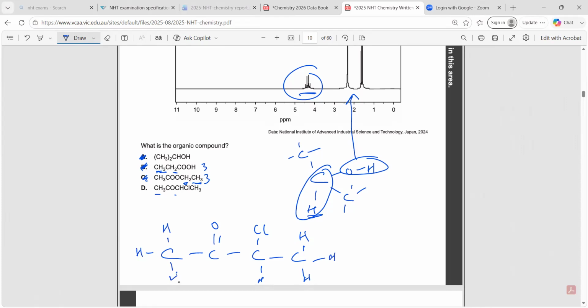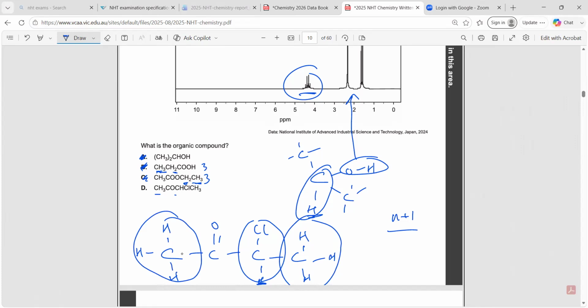Okay, so there's 3 environments. This environment would have a doublet because it's n plus 1, by the way. A doublet would indicate that there's only 1 hydrogen in the neighboring environment, which we do have. This environment would have a quartet to represent the 3 hydrogens in the neighboring environment, which we do have.